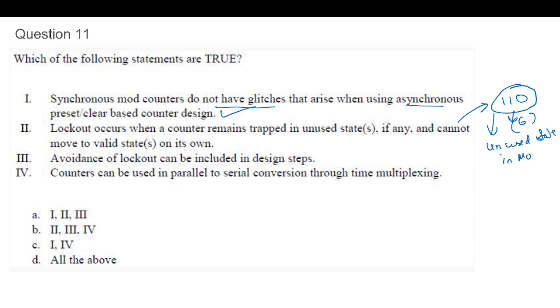In mod 5 counter, if it is remaining in the same state, then we say that it is lockout. So it is also true. And to avoid lockout, we can include some steps in the design steps. This we will see. And counters can be used in parallel to serial conversion through time multiplexing. So the answer is all of them.